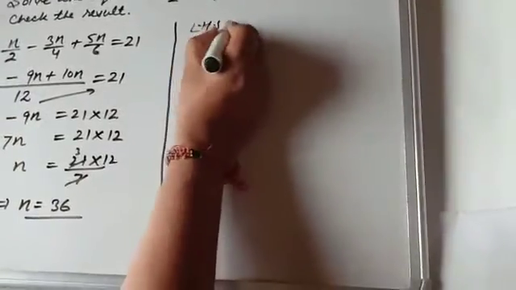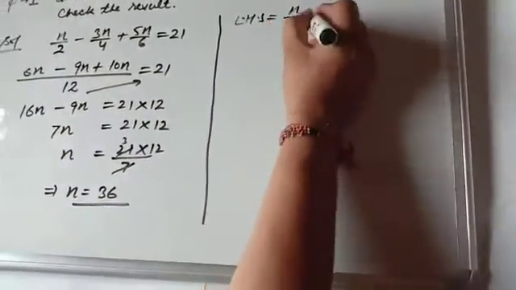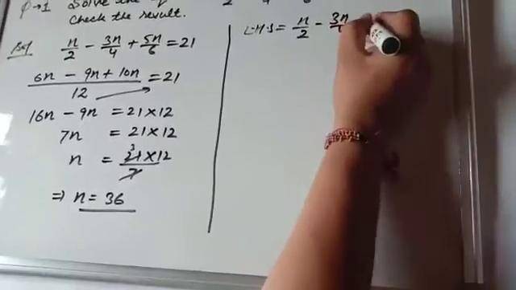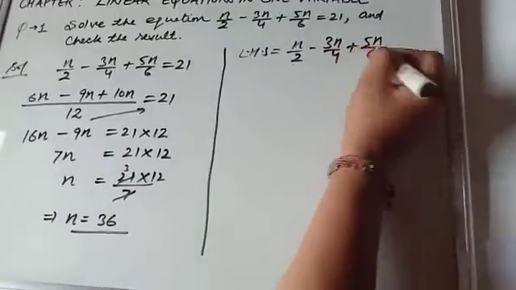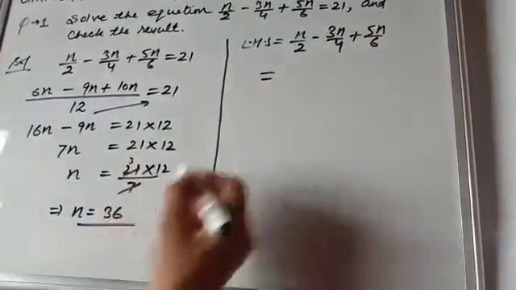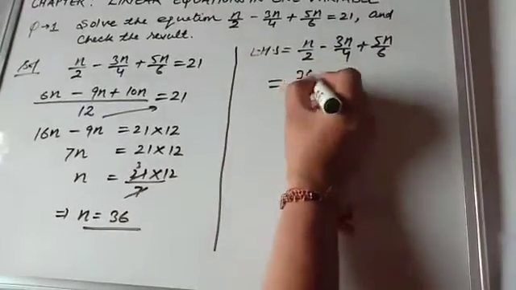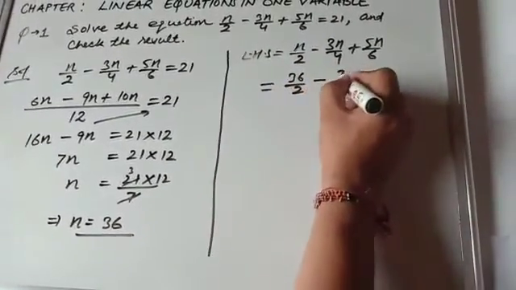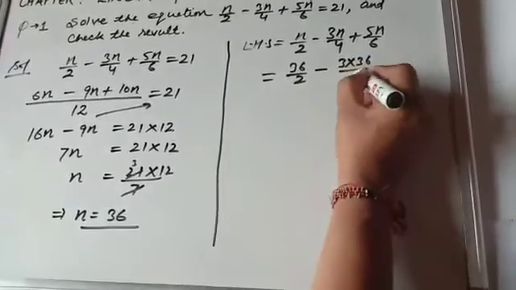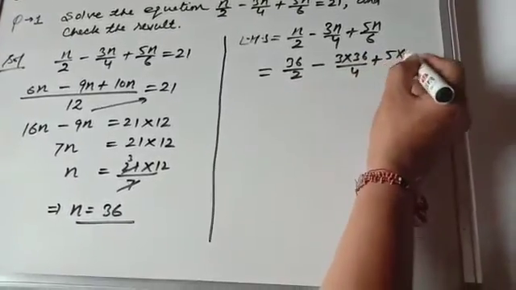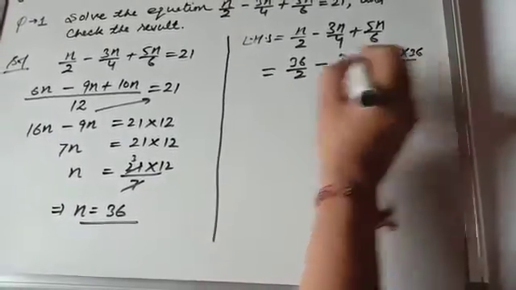On the left hand side we take n by 2 minus 3n upon 4 plus 5n upon 6. Now we will put the value of n, that is 36, here. So 36 upon 2 minus 3 into 36 upon 4 plus 5 into 36 upon 6.